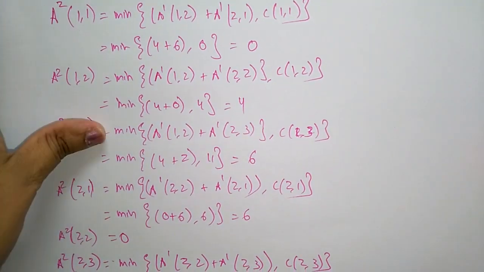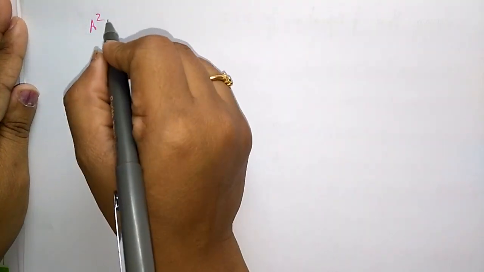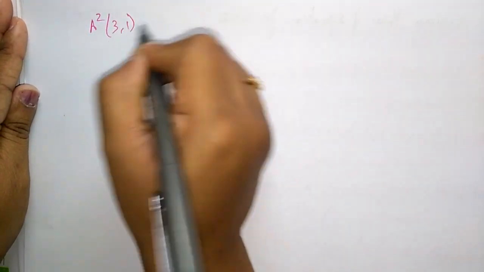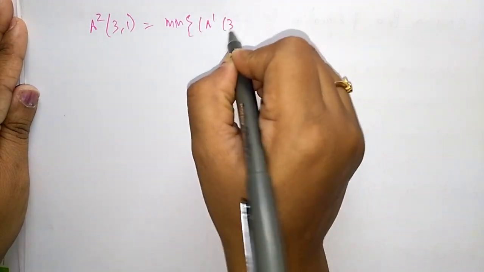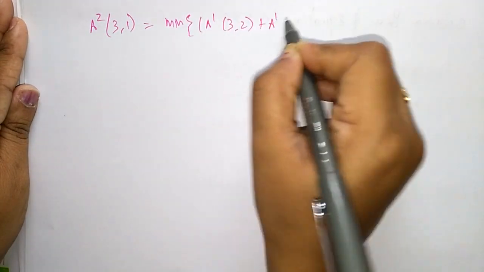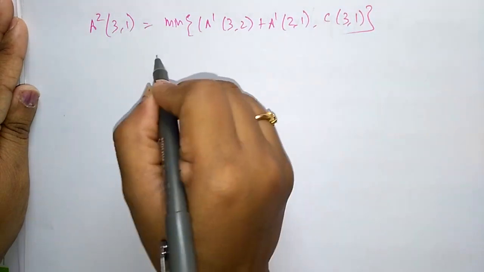In the same way, we have to find out A2 of the third row. A2 of 3 comma 1 is the minimum of A dash of 3 comma 2 plus A dash of 2 comma 1, 3 comma 1.